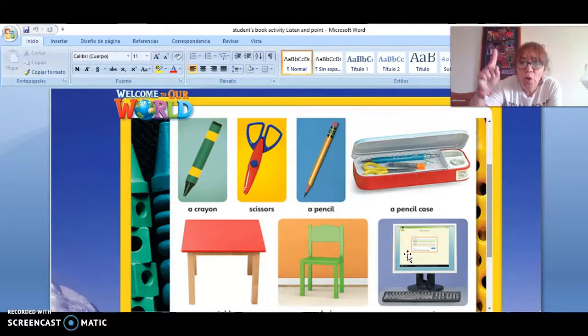So now, look at this finger. You work now with this finger and point to the screen. Listen and point to the screen. Here we go. Track 17. Listen, point, and say.